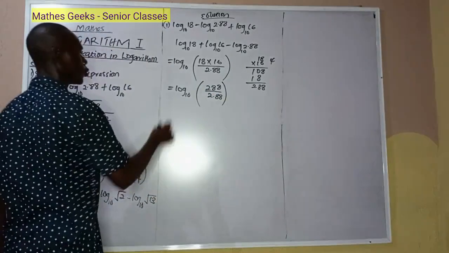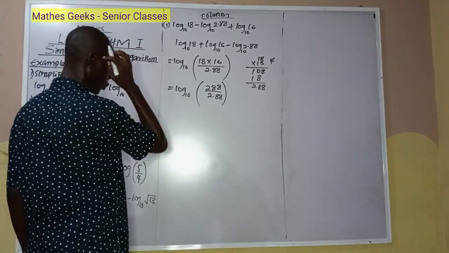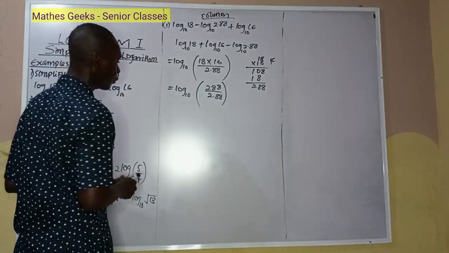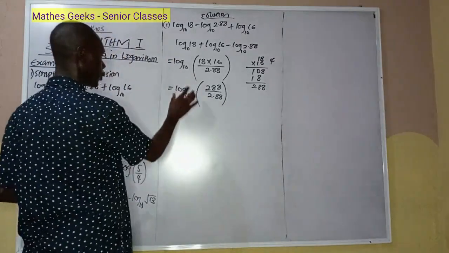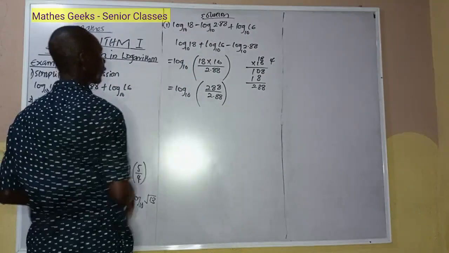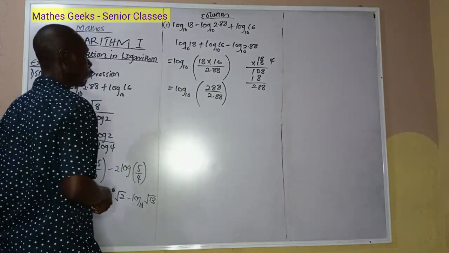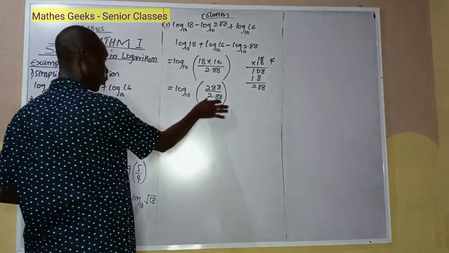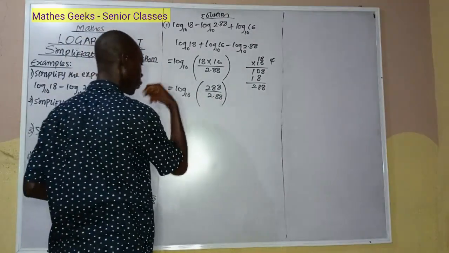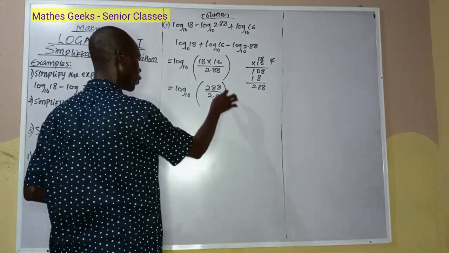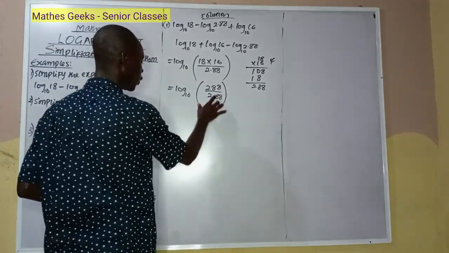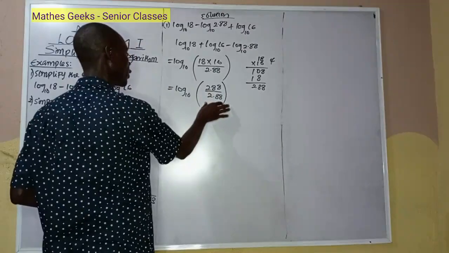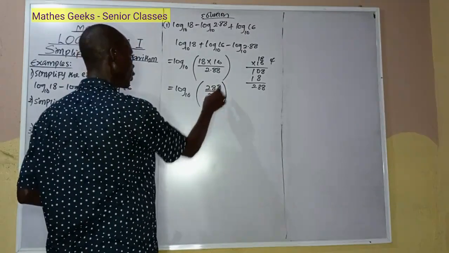So for us to continue and get the solution to this expression, we're going to have to convert 2.88 to a whole number. For us to do that, we're going to multiply the denominator by 100. And whatever we do to the denominator, we must also do the same to the numerator.